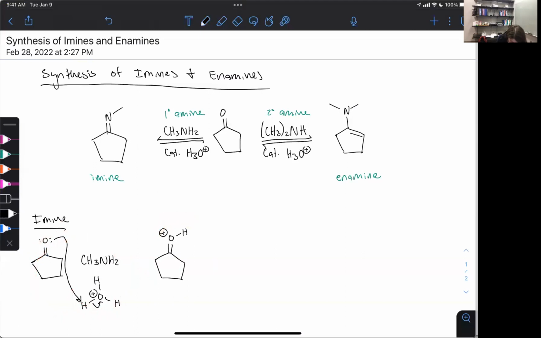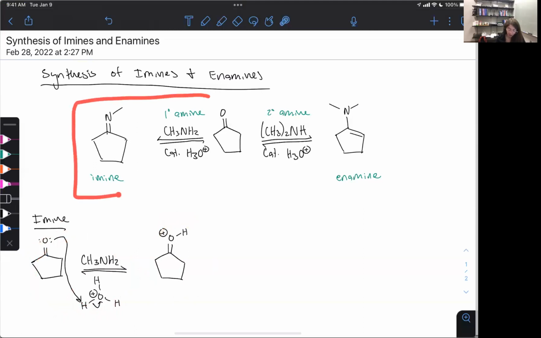And we've seen before that when we have an acid-base reaction, we can use the equilibrium arrows. So we're going to be using equilibrium arrows for this whole process. Keep in mind that since we're using weak nucleophiles, we're going to be using reversible reactions. If you need to, go ahead and look at the other video on reversible reactions.